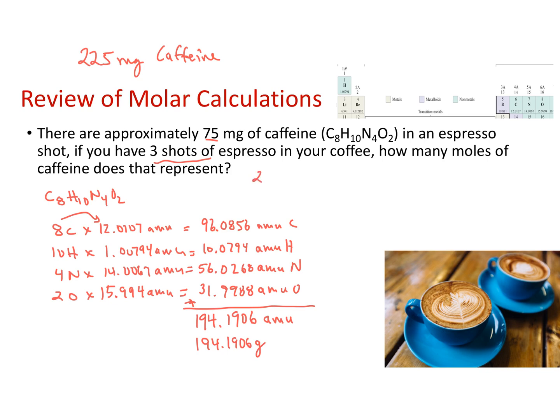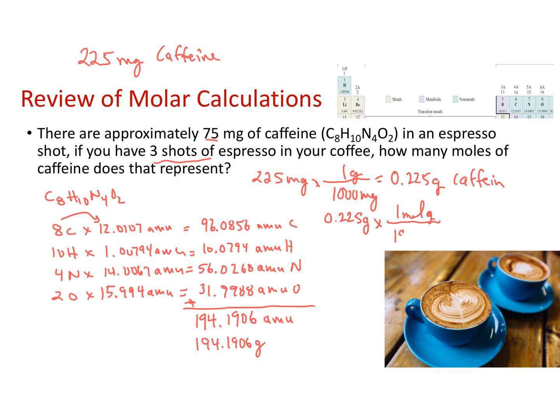So my information is in grams per mole, my mass is in milligrams. I need to convert that from milligrams, so I know that 1,000 milligrams are in 1 gram. So I have 0.225 grams of caffeine, and I know that for every 1 mole of caffeine, I would need approximately 194.1906 grams of caffeine.